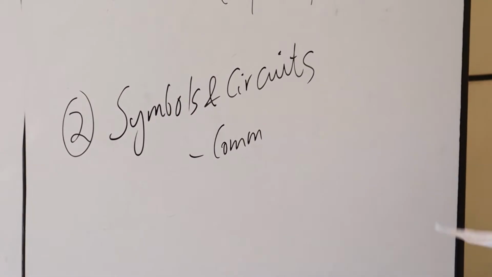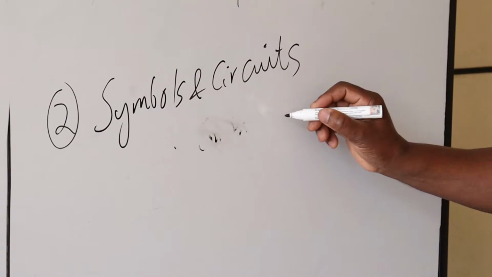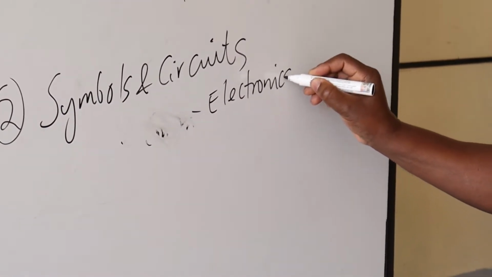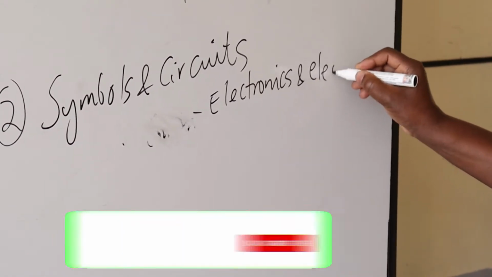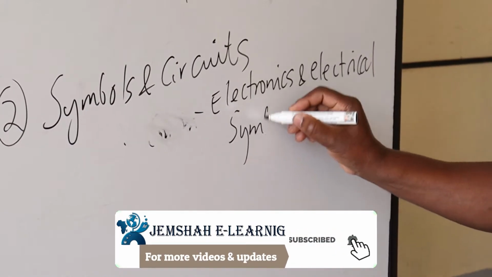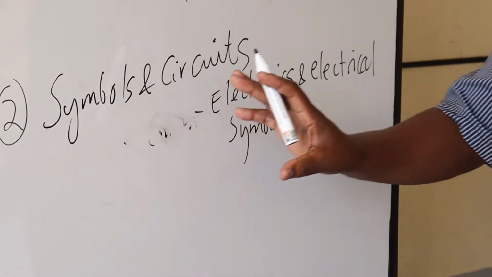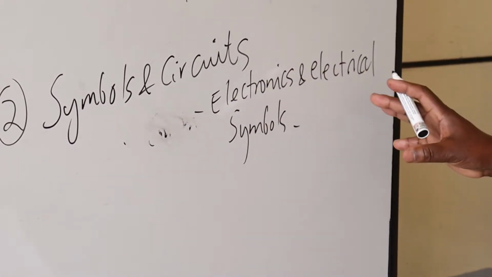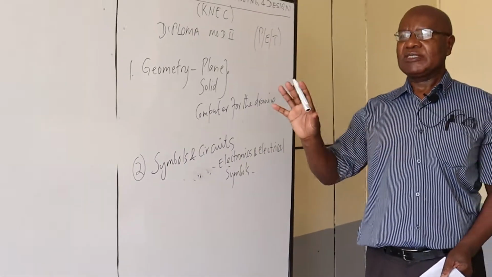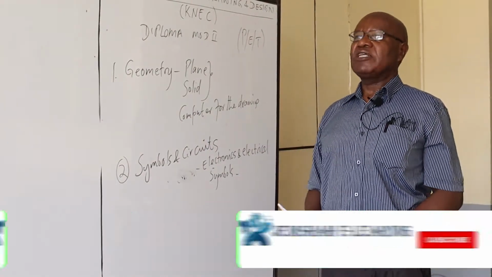The first subheading is electronics and electrical symbols. Now, in electrical engineering, we normally use symbols for our communication. As you know, most of our diagrams, the schematics and wiring diagrams, we don't draw them to scale. We normally use the symbols, and for the connections, we normally use straight lines.